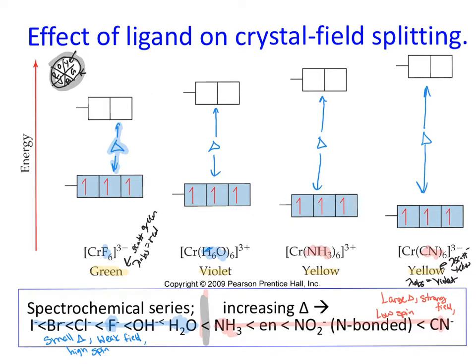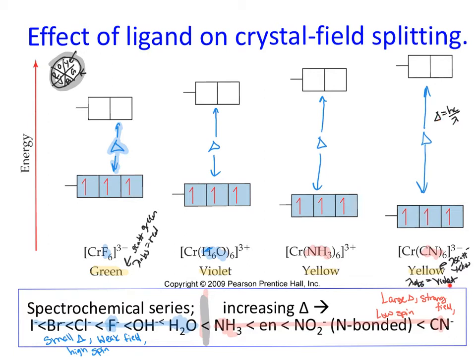And remember the wavelengths of visible light. Violet has the shortest wavelength, but the largest energy. And our energy equals hc over lambda, just reminding us that energy and wavelength are inversely proportional. So our smallest wavelength gives us the largest energy, and that's what we see here.